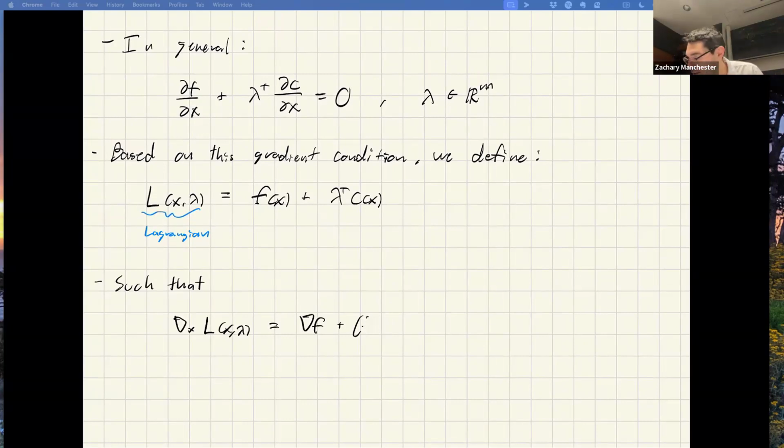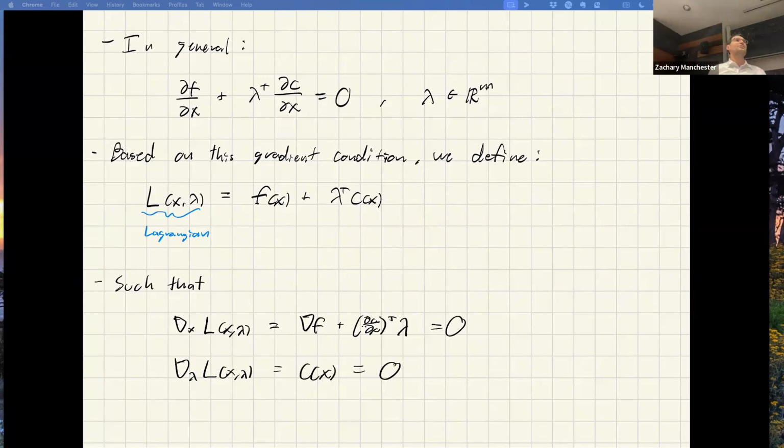So this is partial c partial x transpose lambda. So this guy equals 0, and then grad with respect to lambda of this guy is just the original constraint function that I need to be 0. So that's a slick way of packaging the whole thing together into a single root finding problem on a single function. Pretty cool.